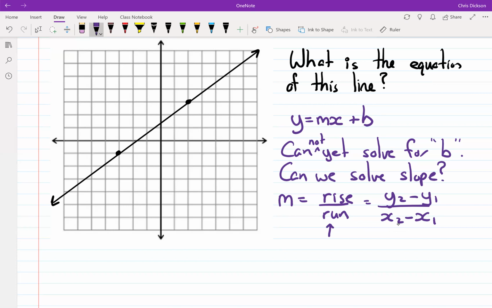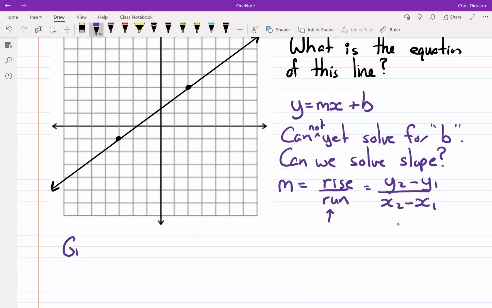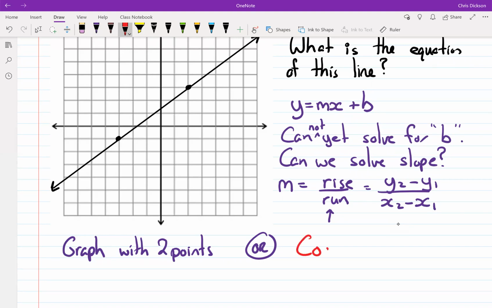You could just look at the graph and count how much up and how much over you went. So I'm going to show you this 2 different ways. One is just using the graph, with 2 points. Or the other method you could use would be using the coordinates of 2 points.